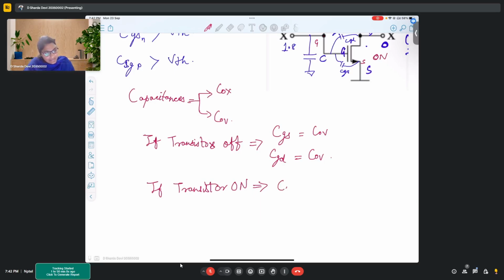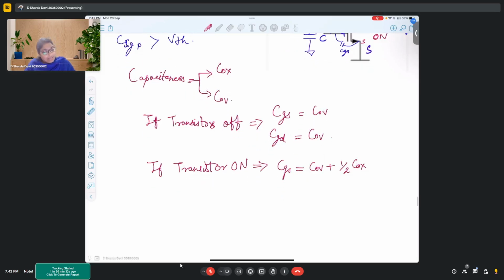So depending on that, if I want to find my gate to source capacitance, the overlap capacitance will be there anytime, anyways. The other capacitance that will come into picture because of this is half of Cox. Similarly, when we talk about CGD in the transistor which is turned on, you will have Cov and another half of oxide capacitance that is coming from the drain side.